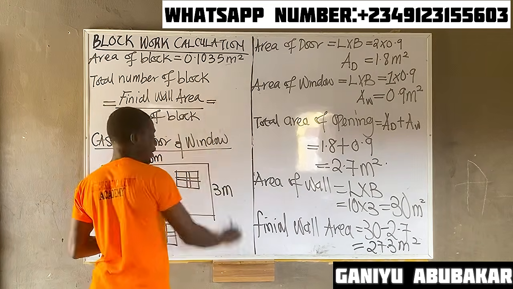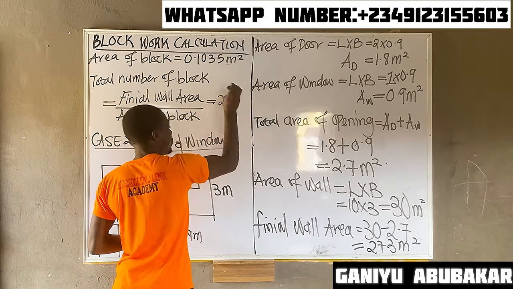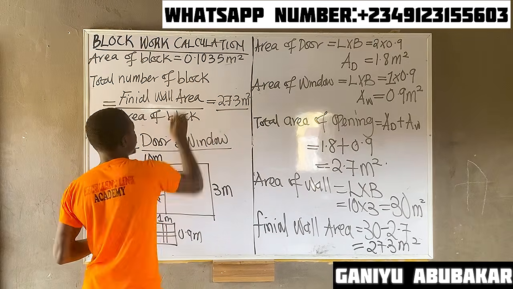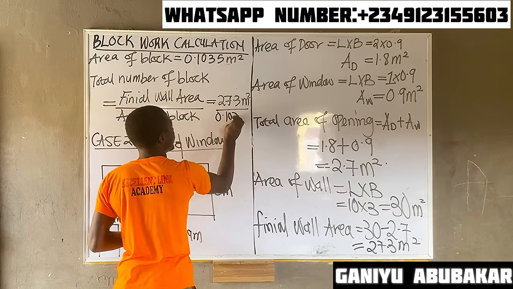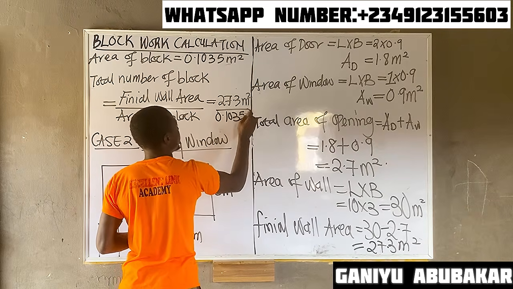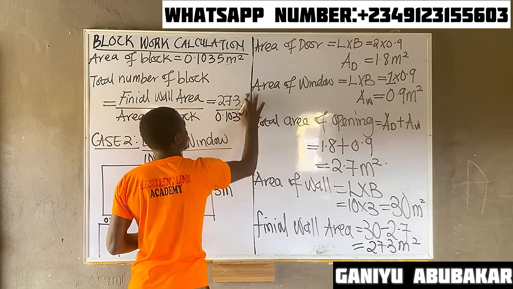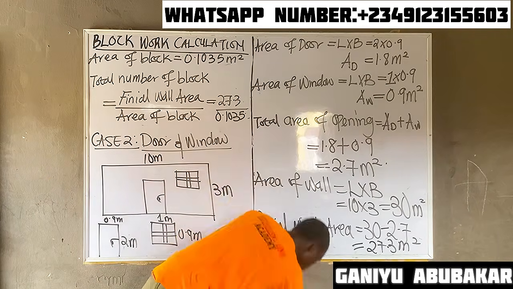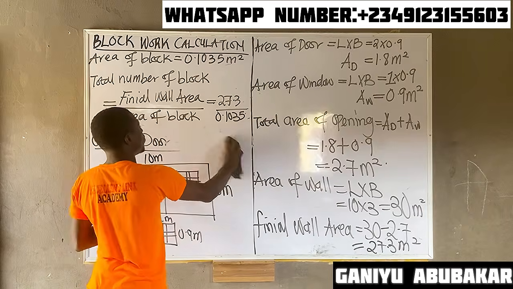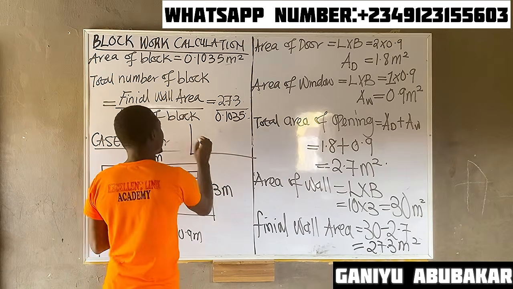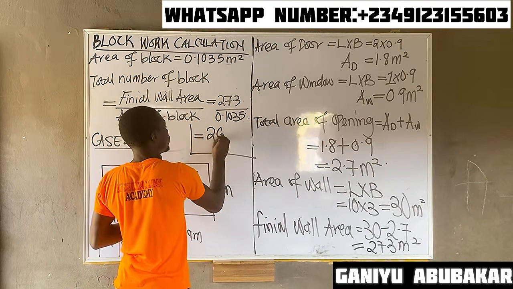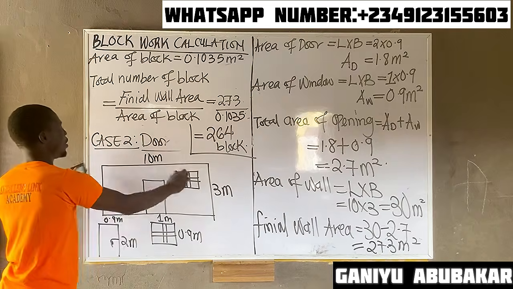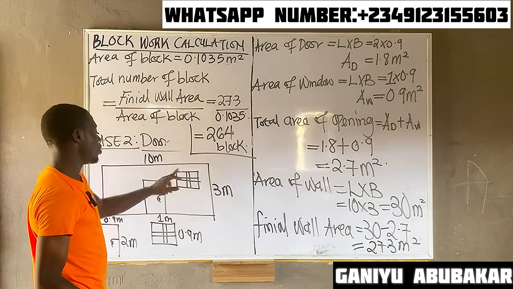The final wall area is 27.3 meters squared, all over the area of block, that's 0.1035 meters squared. If you want, just ignore the unit, please. All right, divide these two together. What do we have there? That gives you 264 blocks.